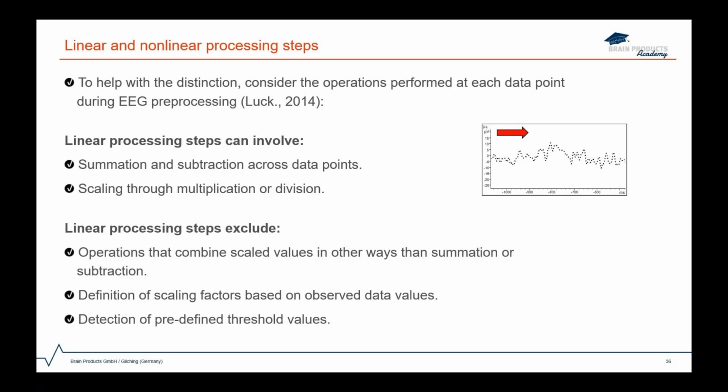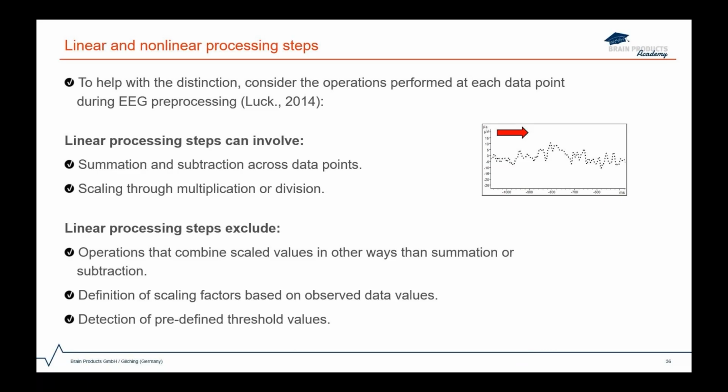But linear processing excludes operations that combine scale values in ways other than summation or subtraction, the definition of scaling factors that are based on observed data values, or the detection of predefined threshold values, as we just saw with our artifact rejection example.